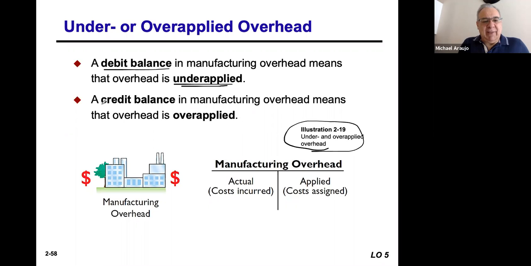Or we could have a credit balance in the manufacturing overhead account, which means that we assigned too much. We over applied the amount to the jobs that we did. So when you're looking at manufacturing overhead at the end of a particular period, you're looking at the assigned costs versus the ones that actually happened. The differences are what we call under and over applied.